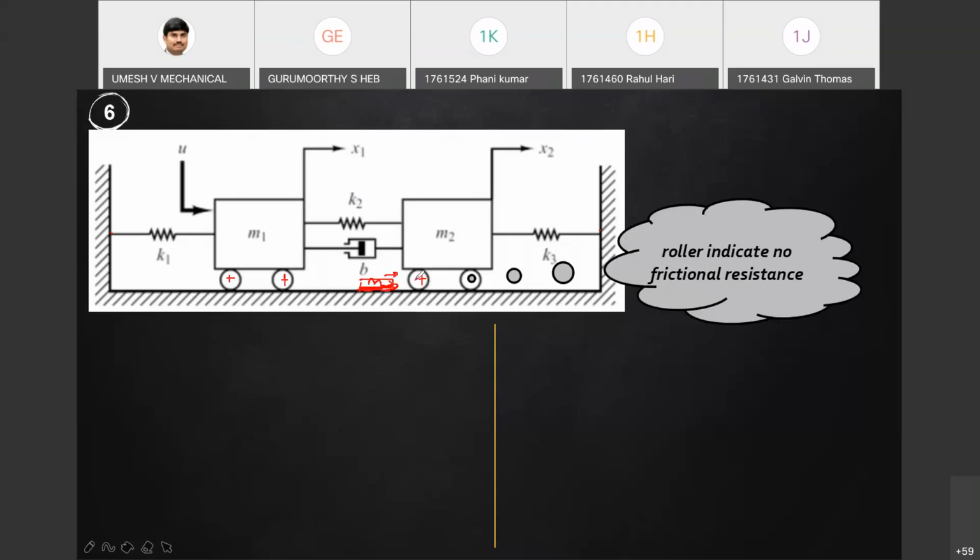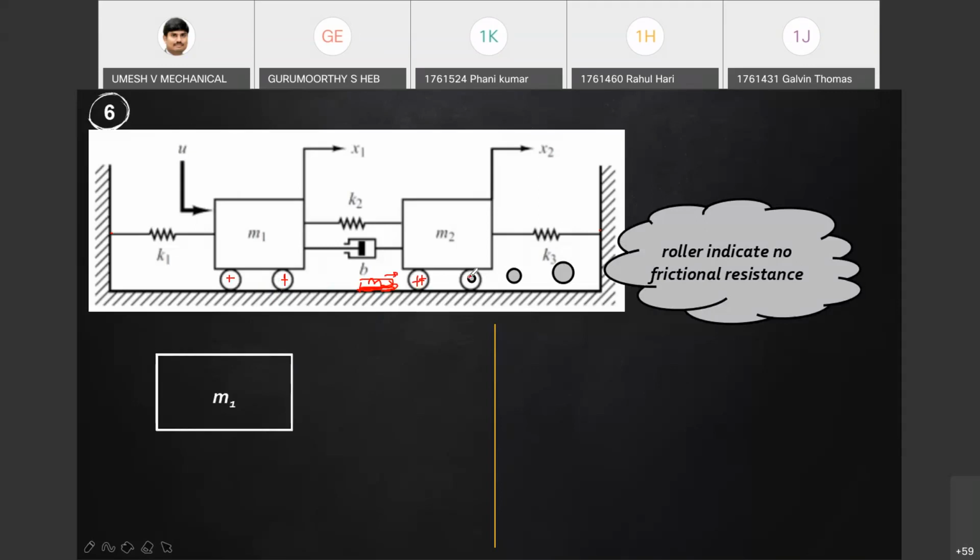The existence of the wheel shows there are no frictional or damping forces between the mass and the surface. That is the only thing. Otherwise some coefficient is not considered. You don't assume anything. In this case, don't assume any kind of friction.